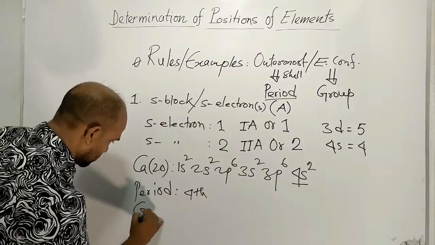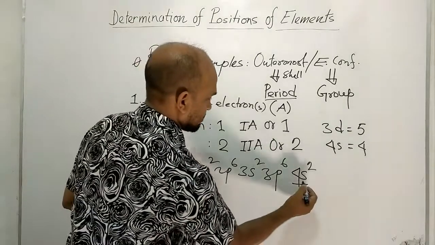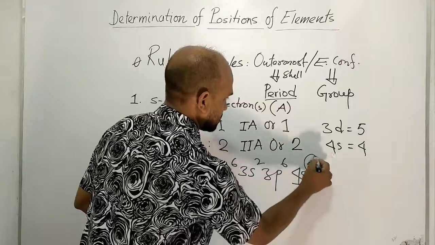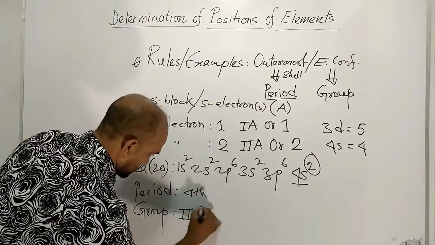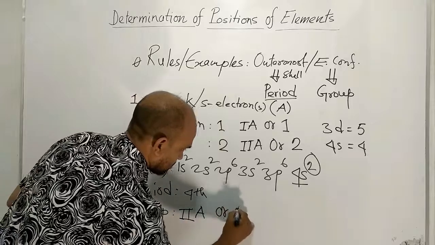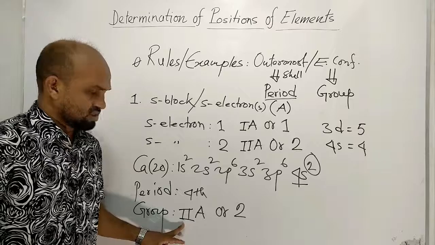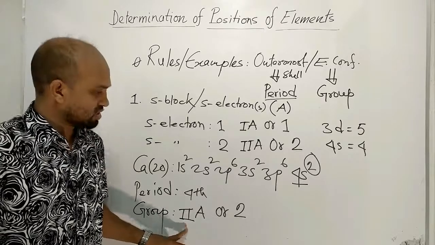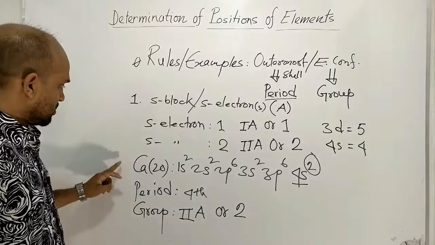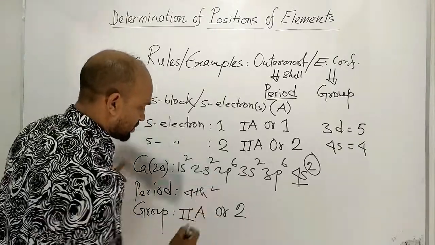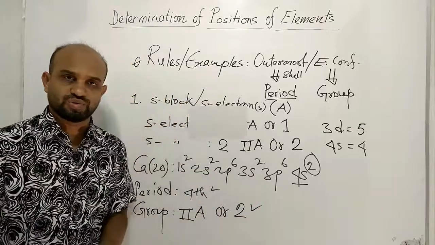And what is its group or column? In the last shell, the s electrons are 2. So it is in 2A in the modern periodic table and 2 in the most modern periodic table. So calcium is in the 4th period and in column 2.